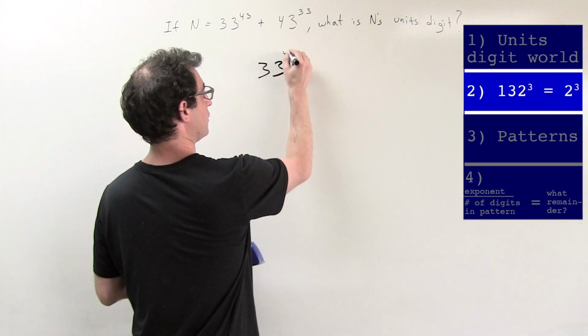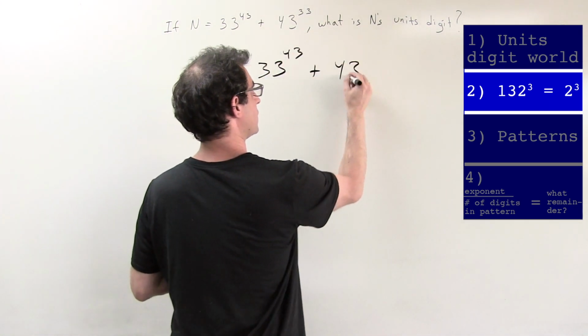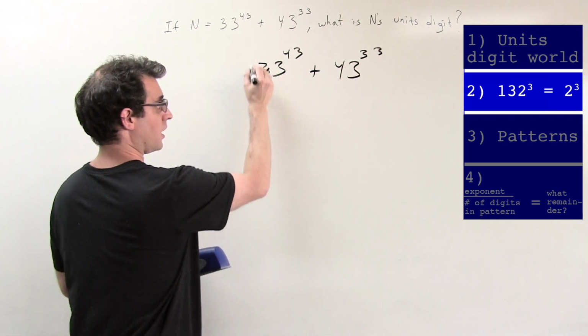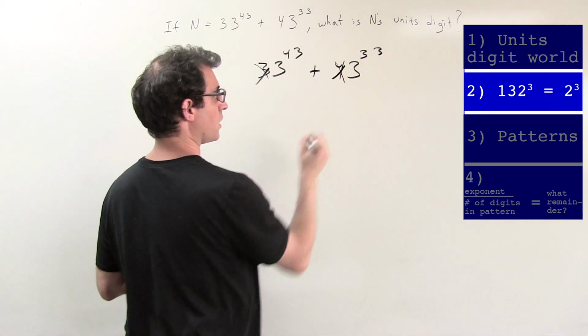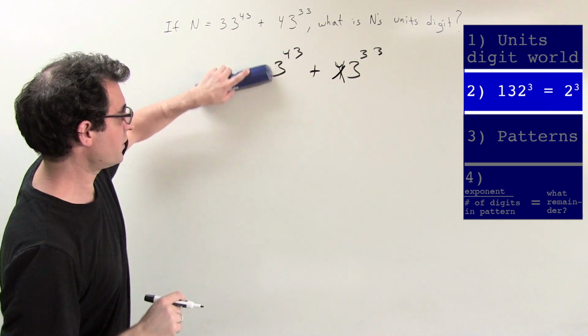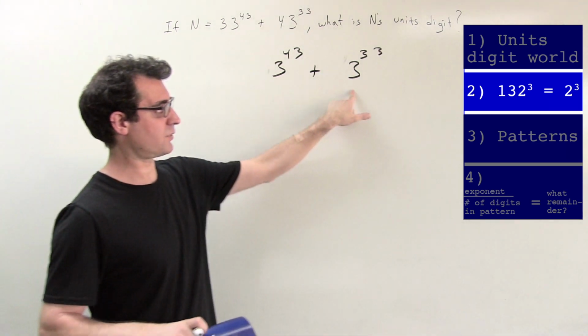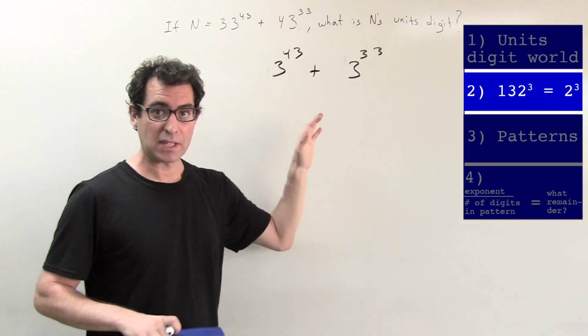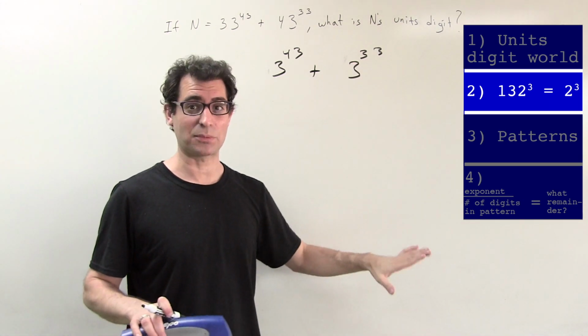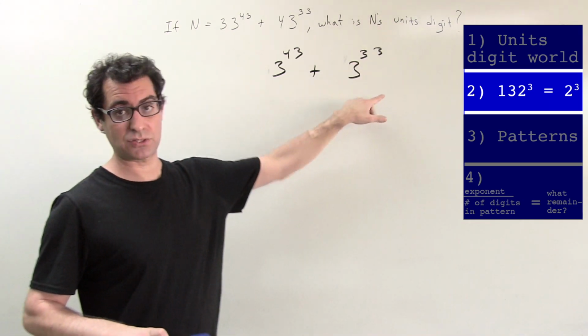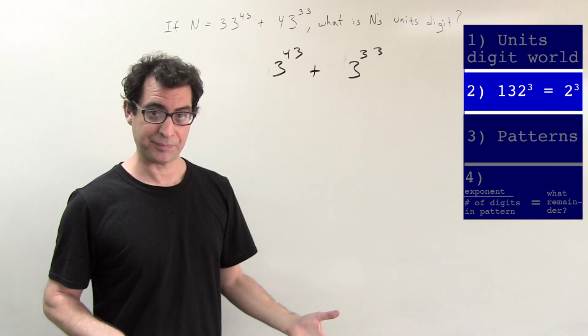So I have 33 to the 43 plus 43 to the 33. I cross off the 3 and I cross off this 4. And this question is the same as 3 to the 43 plus 3 to the 33. The whole exponent matters, but the base, only the units digit matters.